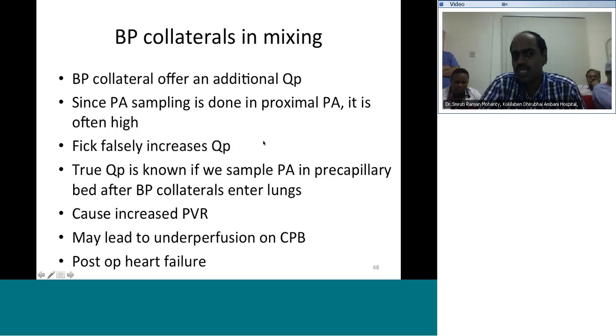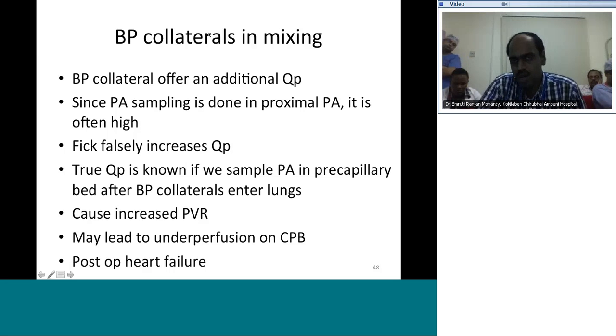So the Fick principle falsely increases the QP. The true QP will be known only if we sample the pulmonary artery in the precapillary bed after the bronchopulmonary collaterals enter the lungs, which is very difficult to reach by catheters. So we will not be able to assess the QP properly in a patient with transposition of great arteries, since we are sampling the proximal PA.